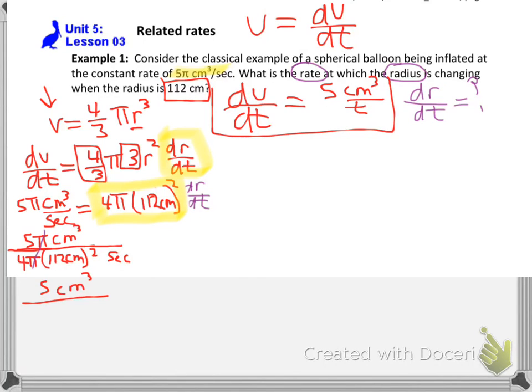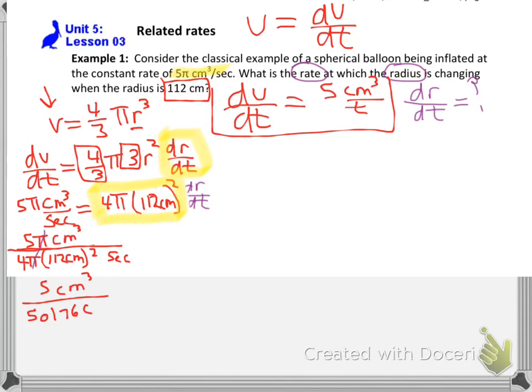So it's 4 times 112 squared, which gives me 50,176. Apologize about the size of these numbers here.